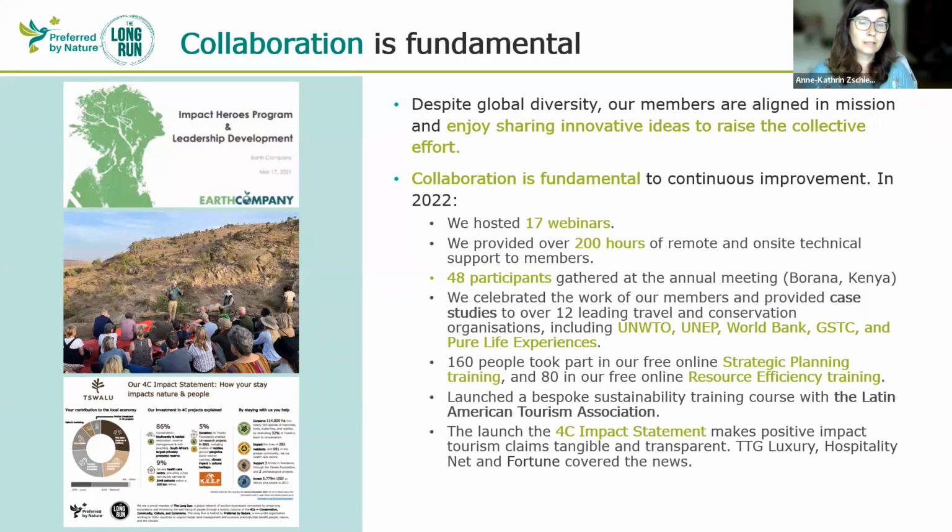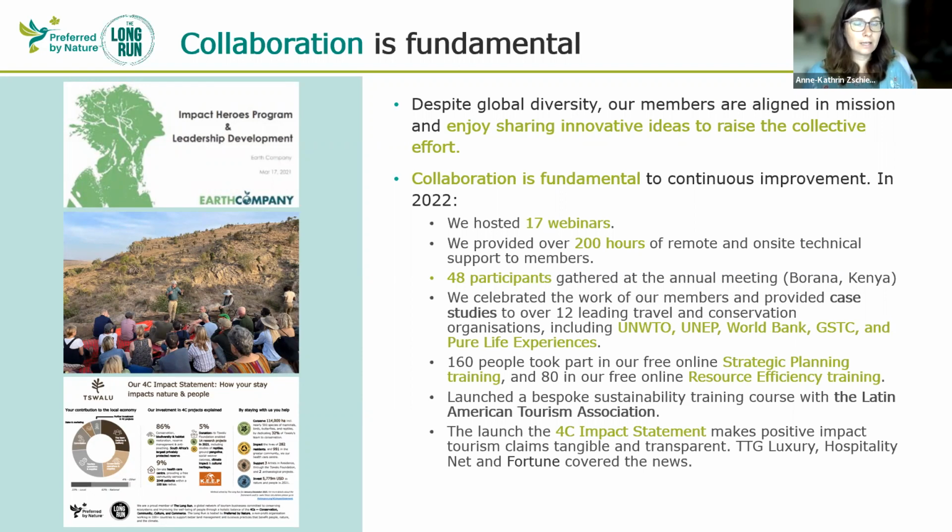And the other training so far is strategic sustainability planning, because we realize that a lot of people really need help with connecting their work today with their long-term aspirations. So that training course is really available to help them achieve that, to just make sure that we can integrate sustainability and drive that change.